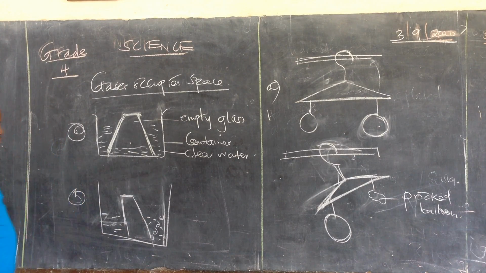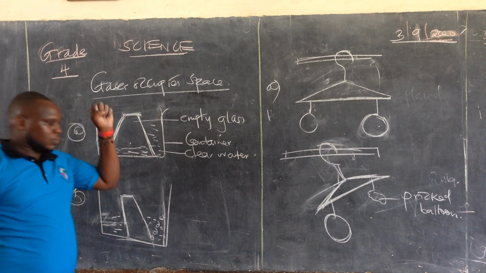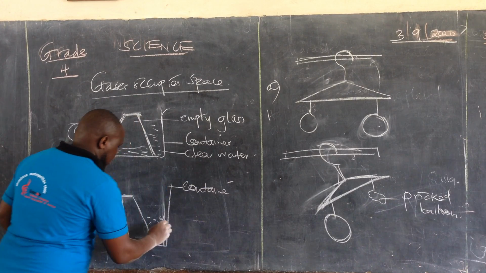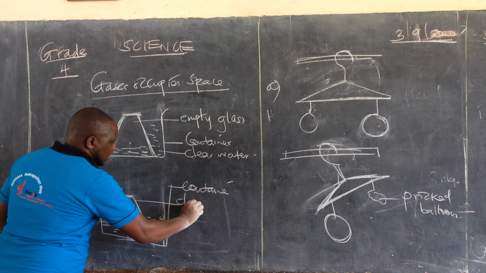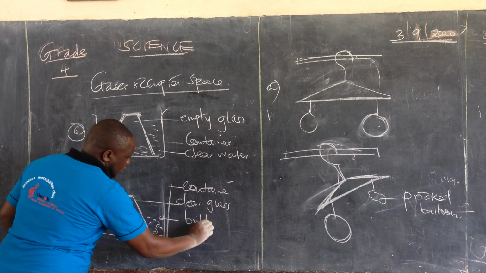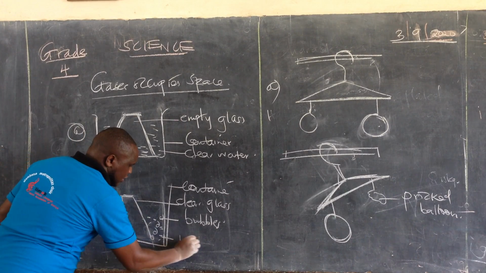I want you to look how I've drawn that glass. So this is a container, this is a clear glass, bubbles, and then we have clear water.